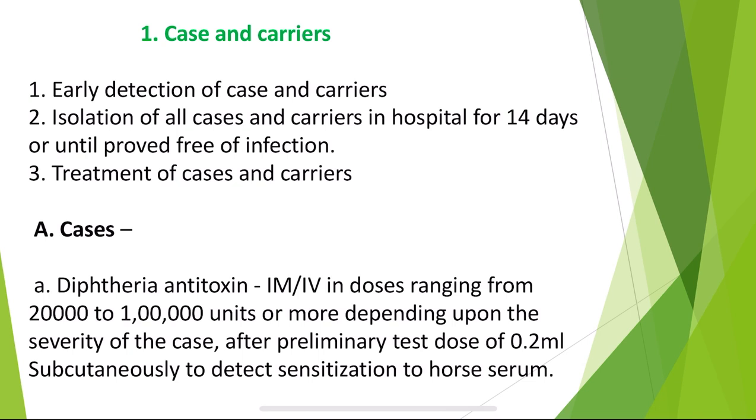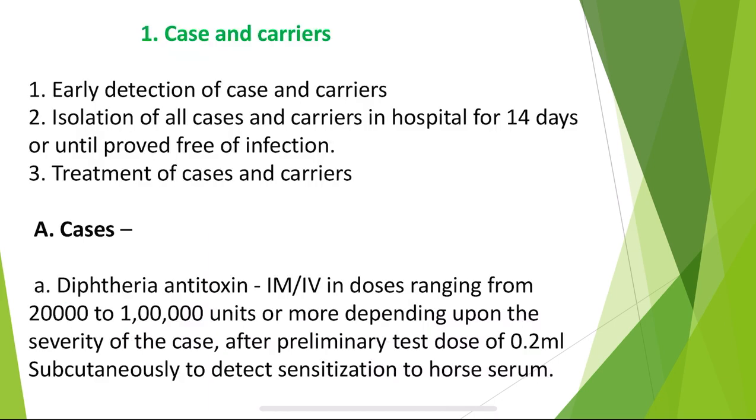It is given IM or IV in a dose ranging from 20,000 to 1 lakh units, depending upon the severity of the case. A preliminary test dose has to be done: 0.2 ml subcutaneously, and we need to test it and detect sensitization to the horse serum. Now let us see.